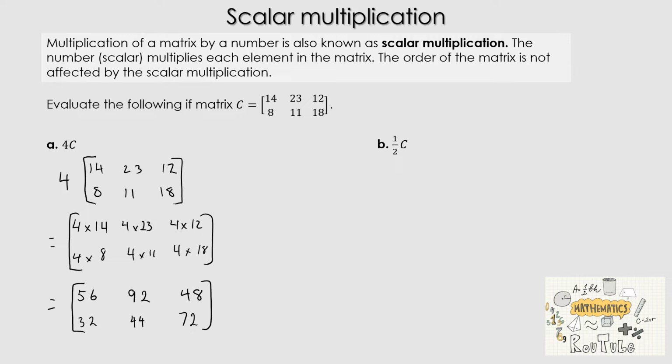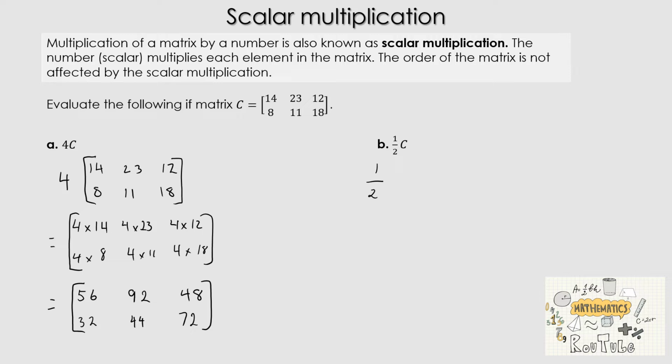Moving over to question number 2, or question B. Now we've got the scalar as a fraction, so it's 1/2. Essentially you can do two things. You can either divide each element by 2 or multiply it by 1/2. There's no difference with which way you do it. Here we're going to set it out just like we did before.